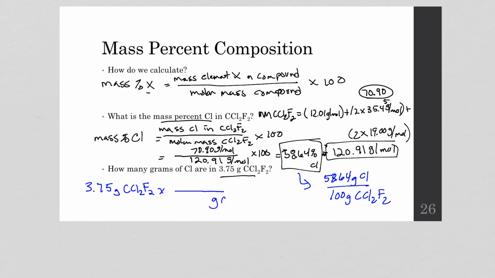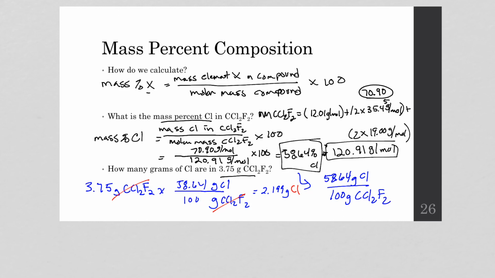I have grams of CCl2F2 and grams of chlorine, right? So 58.64 per 100. And if I do that, I get 2.199 grams, so let's cancel grams of chlorine.